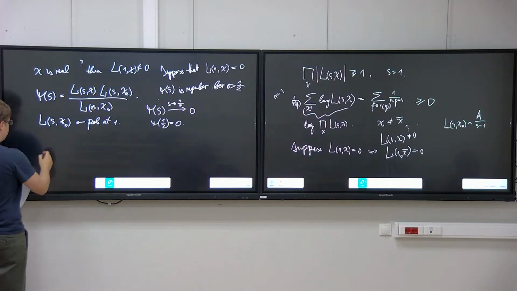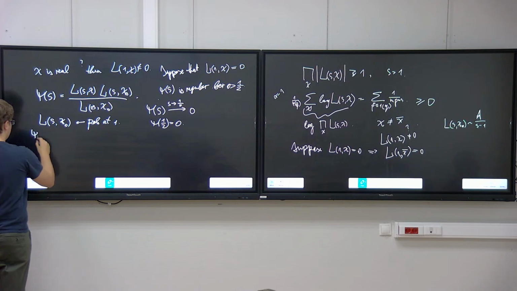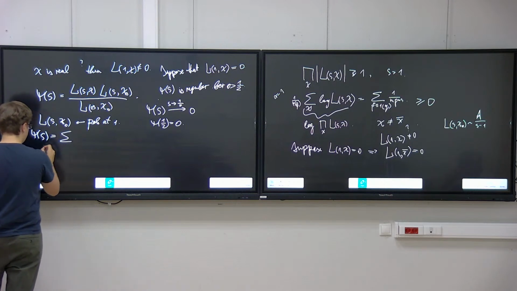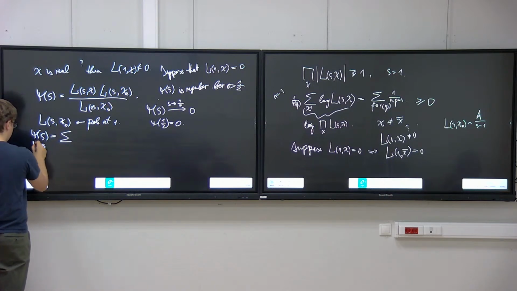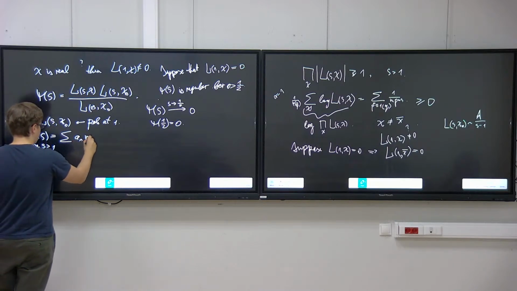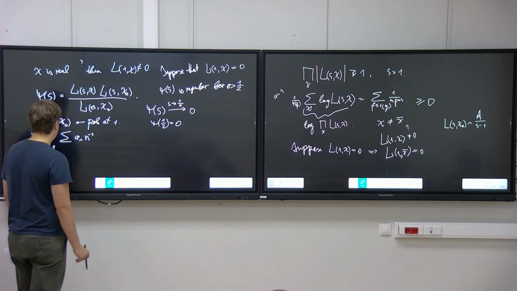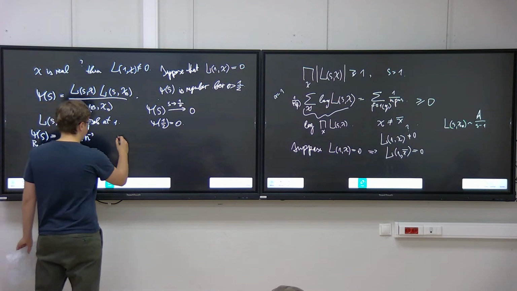Now look at the coefficients of psi of s. It has a Dirichlet series for real part of s greater than 1, sum of a_n over n^s. What are our coefficients? The claim is that they are all non-negative. Let us compute psi of s.